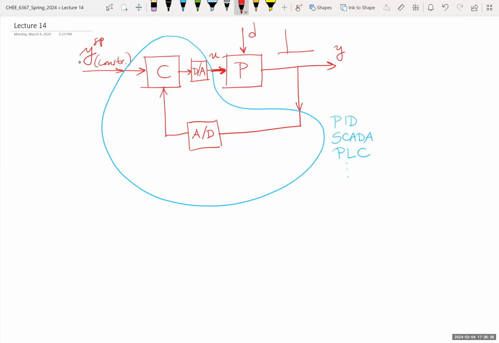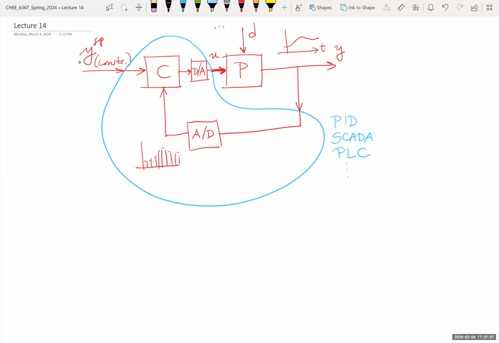So one more time, we've done this several times. This is a continuous signal. After it is discretized, here it becomes a discrete time signal, so at specific points in time. The controller here generates discrete commands at specified points in time.